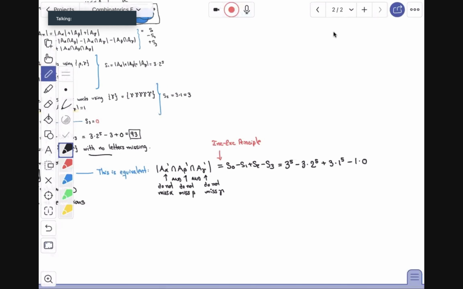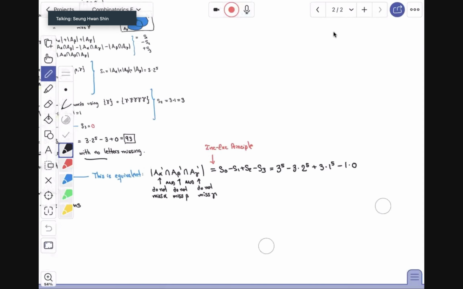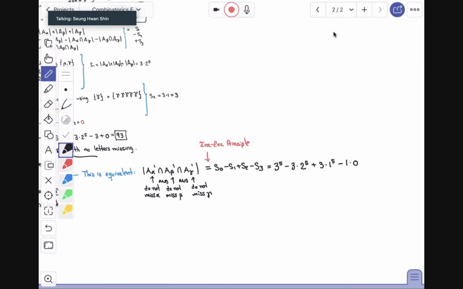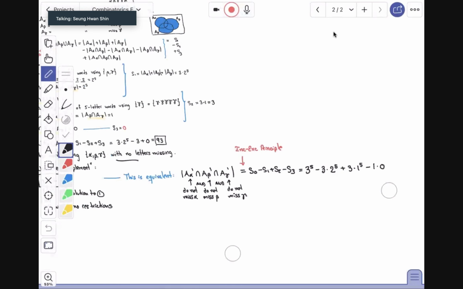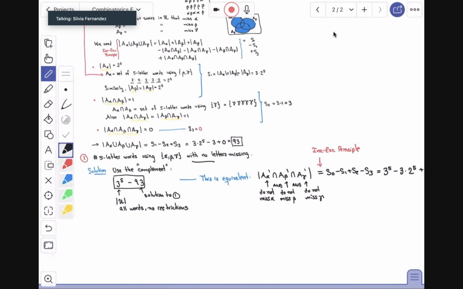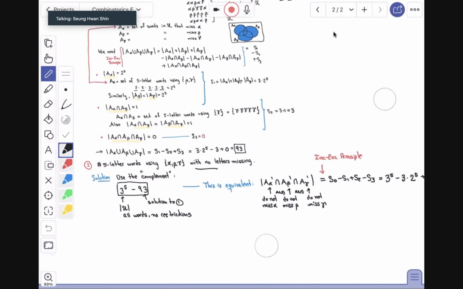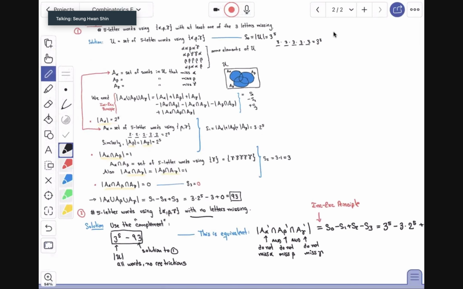Professor? So the last part, you say this is equivalent to the complement of A alpha through A gamma. But why is it not a union? Because in the first problem, we defined A alpha to be the set of words that miss alpha, and similarly for the others.